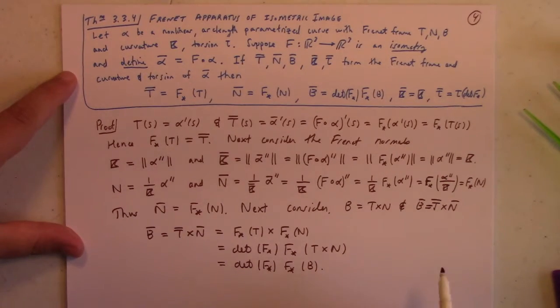Okay, good. Then finally, torsion. The torsion is equal to minus B prime dot N, and the torsion bar is equal to minus B bar prime dot N bar.